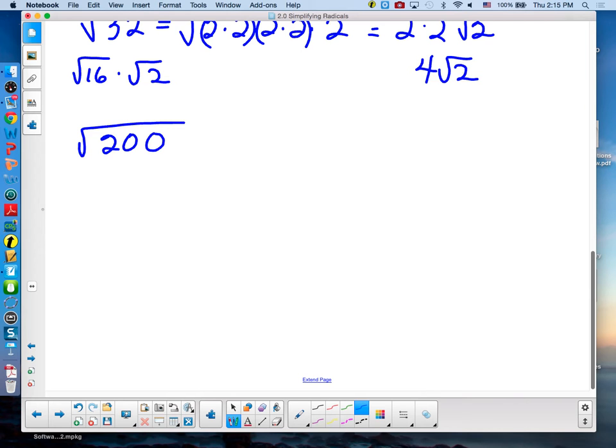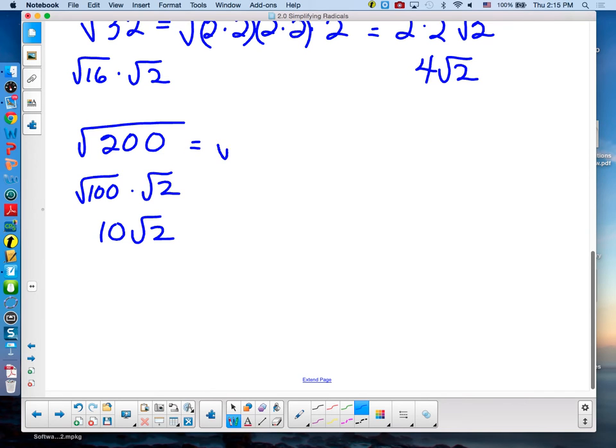Okay, and here's a couple things I saw. Up here, some picked up on what I did here with the biggest perfect square. So I saw some doing the square root of 100 times the square root of 2. So that's 10 times the square root of 2. Perfect, good.